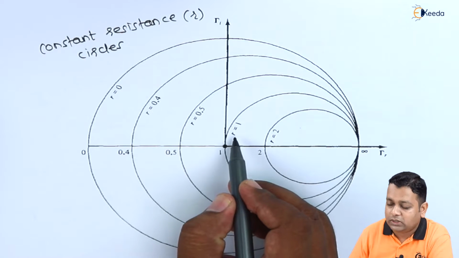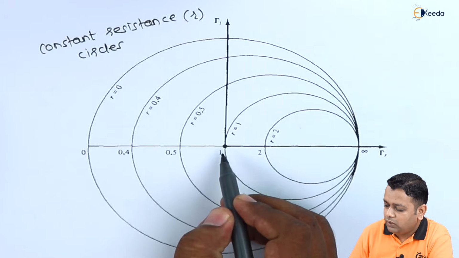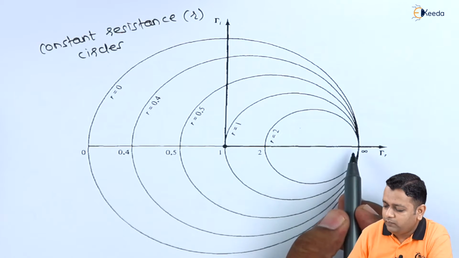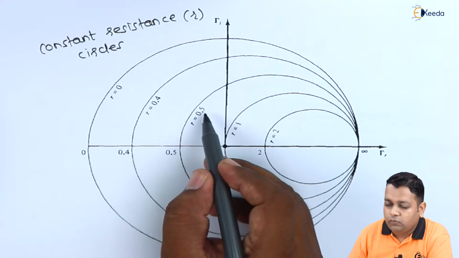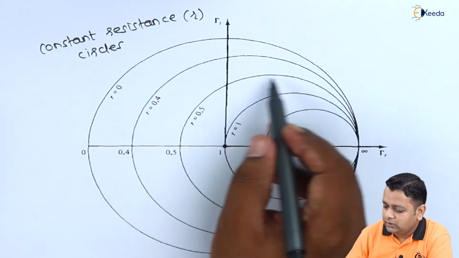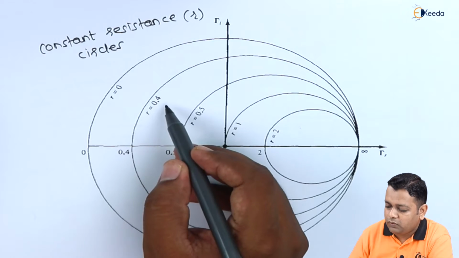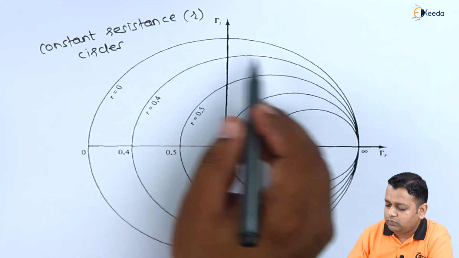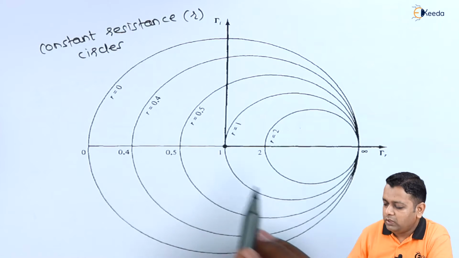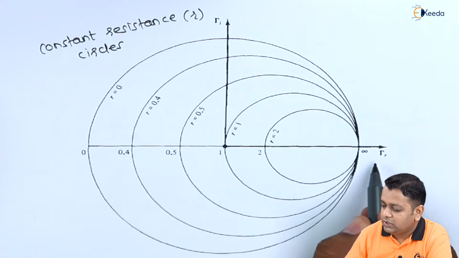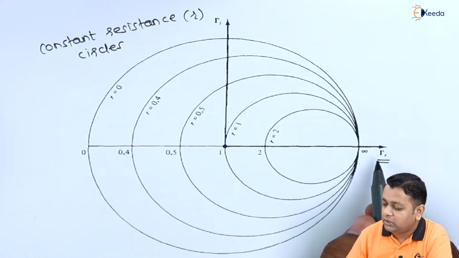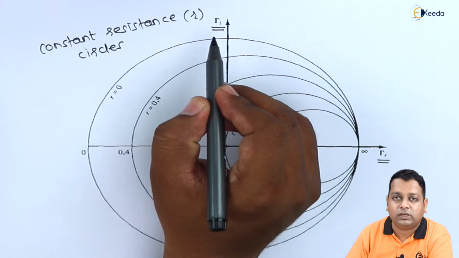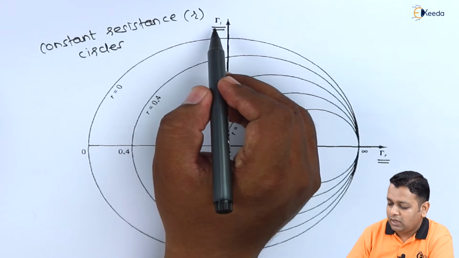This is the unity circle, r equal to 1. When we go for r equal to 2, we obtain a smaller circle. Then r equal to 0.5, we get such a circle, and for r equal to 0.4 and r equal to 0 we have plotted in this graph. In this graph, the real axis represents the real part of the reflection coefficient gamma suffix r, whereas the imaginary part is represented as gamma suffix I.